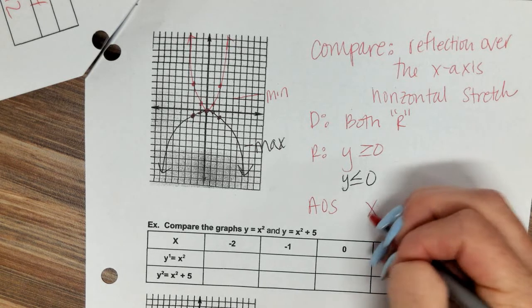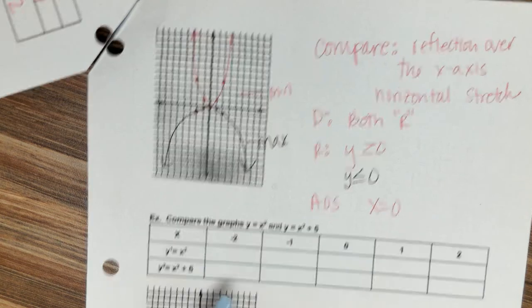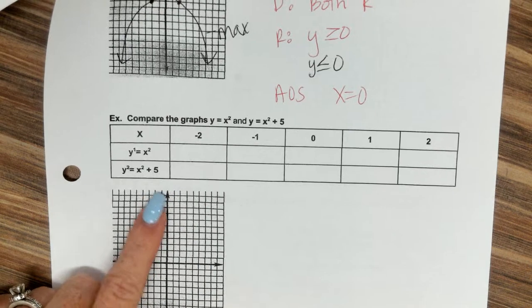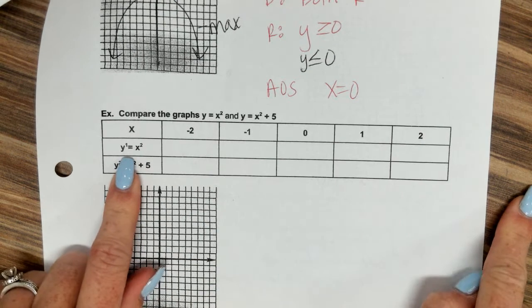X equals 0. All right, let's do this one. So fill out your table super fast. The parent function is always the same, guys, so you should already have those numbers done.